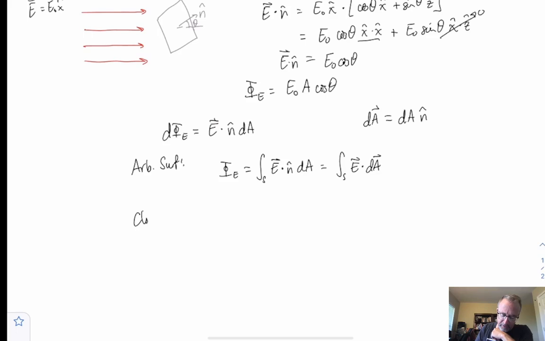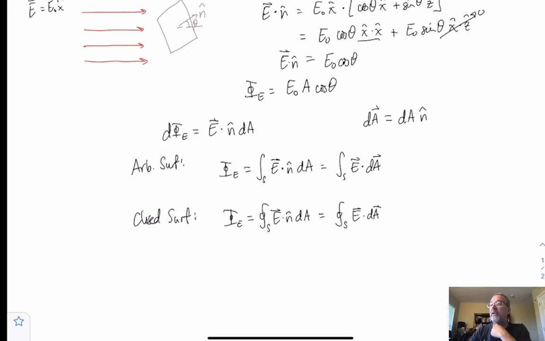If the surface is a closed surface, we can indicate that just by integrating over the entire closed surface. This is going to be important in our understanding of Gauss's law. So we want to make sure we understand what electric flux is and how to calculate it.